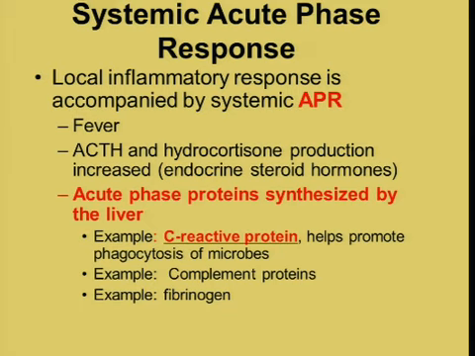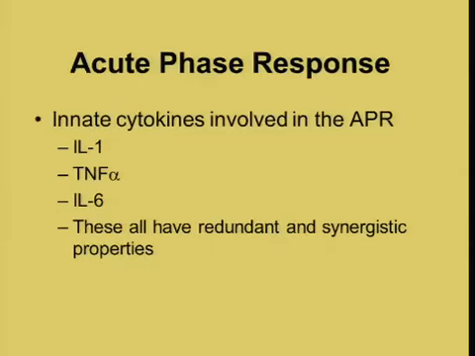And these are examples of acute phase proteins: C-reactive protein, complement, we'll discuss complement when we talk about effector mechanisms, and fibrinogen. All these are involved in the amplification of a response that is now going systemic. In addition, you have the release of various different inflammatory cytokines that turn on the acute phase response.